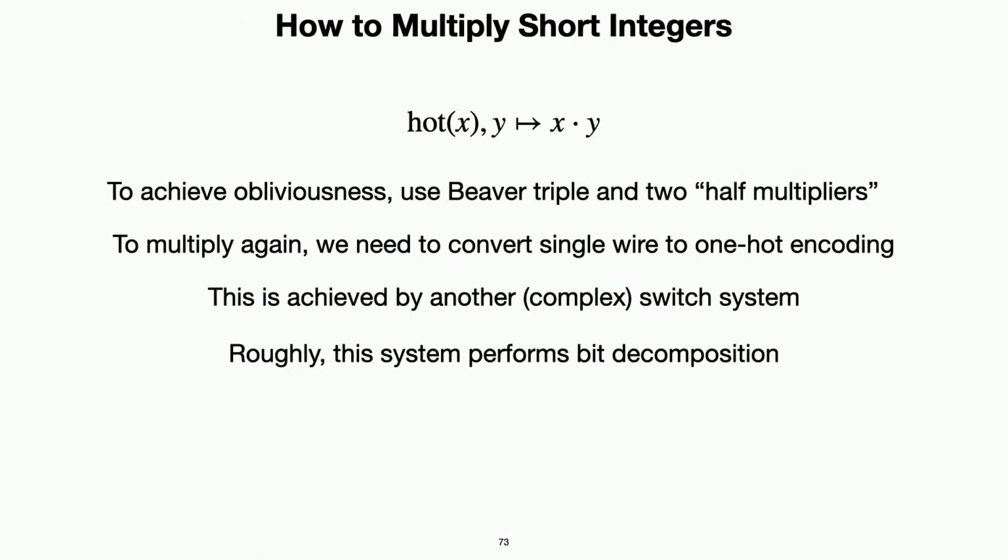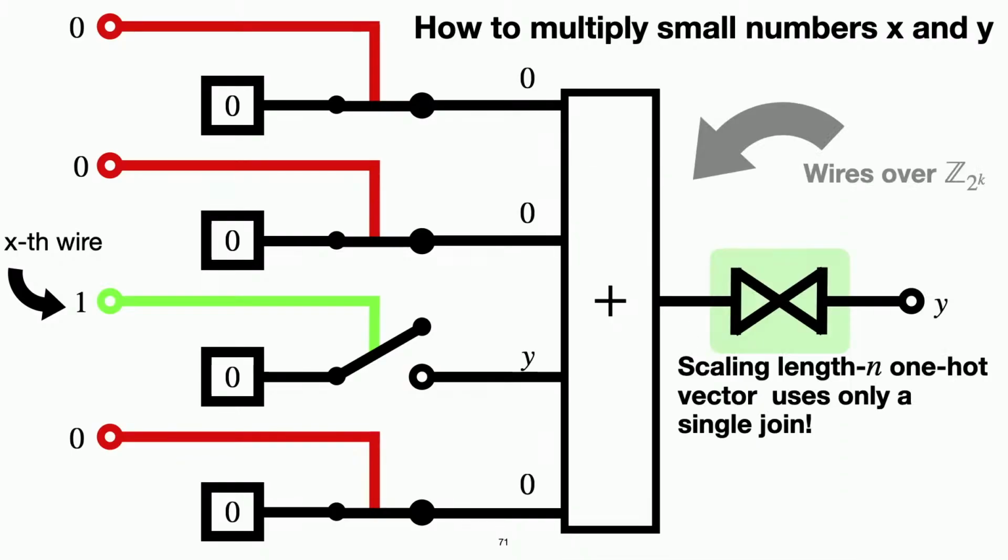This join gate costs k times the security parameter many bits. There's no other garbled material, no other encoding material anywhere for the circuit except for this one join gate. So this multiplication is just costing k times the security parameter many bits.